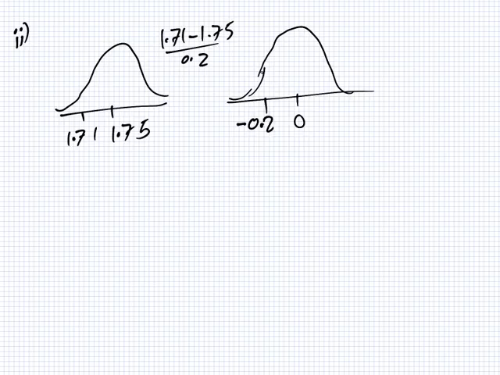And we want less than, so we want this area. So we want the probability Z less than minus 0.2.